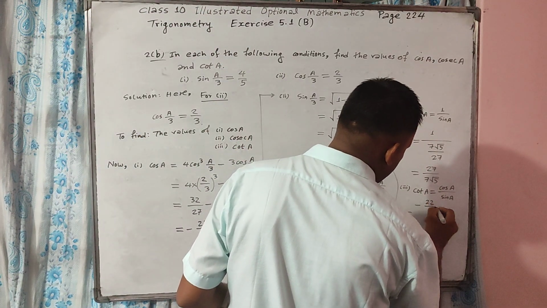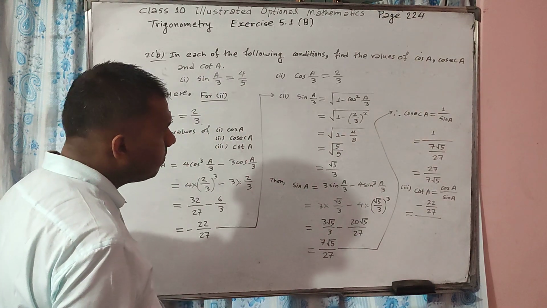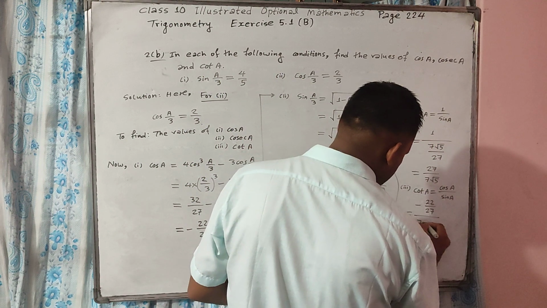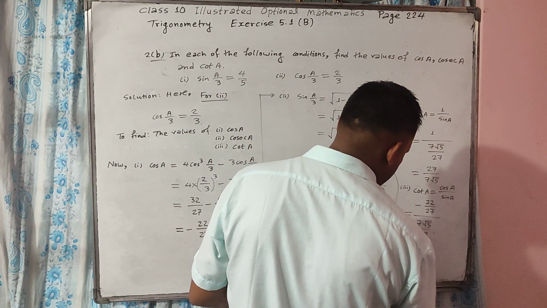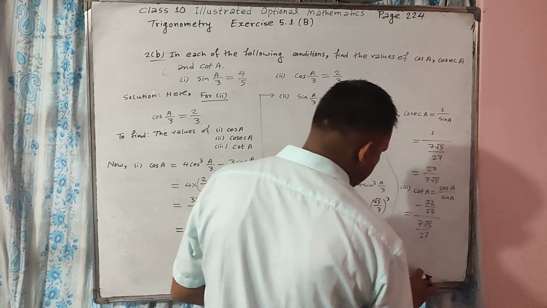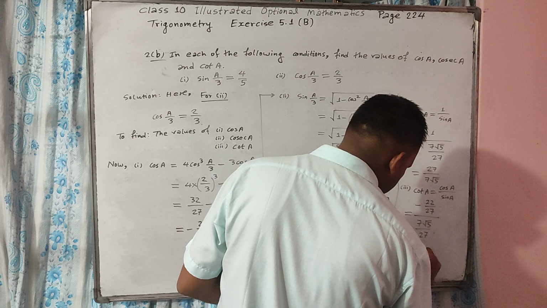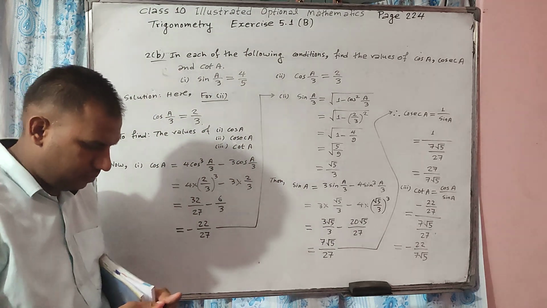Value of sin A is 7 root 5 upon 27. So this equals minus 22 upon 7 root 5. This is the value of cot A.